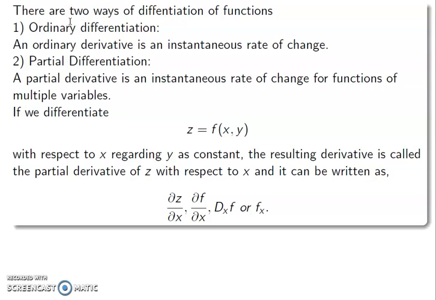The resulting derivative is called the partial derivative of z with respect to x, and it can be written as dou z by dou x, or dou f by dou x, or d x f, or simply f x. So all these notations denote the partial derivative with respect to x.